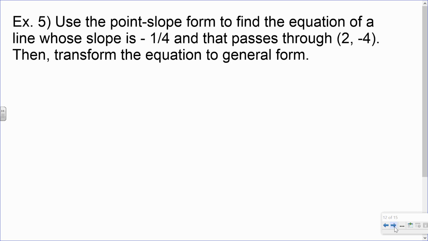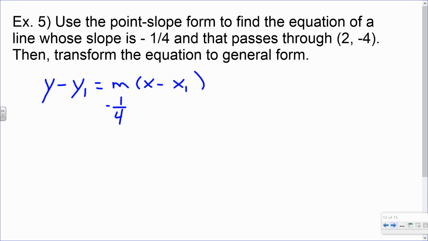Okay, so use point-slope. That means I know a point and I know m. So that's y minus y1 equals m times x minus x1, to get the equation of a line with a slope of -1/4, so we're going to put that in here.